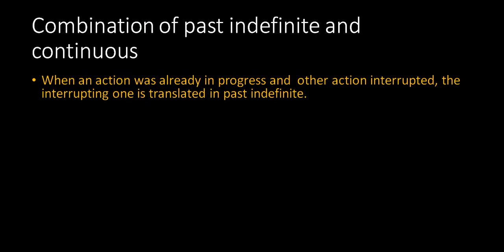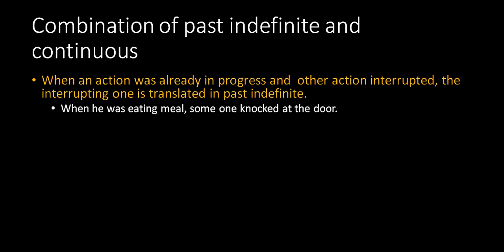For example, when he was eating meal, someone knocked at the door. You see in this example, when he was eating meal, he was already in progress. The action of eating meal was already in progress.